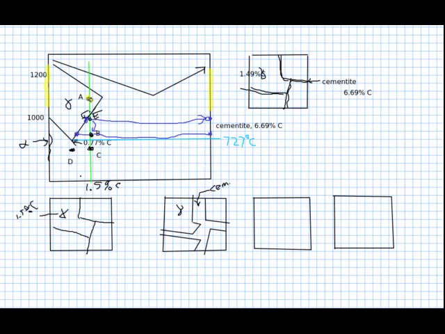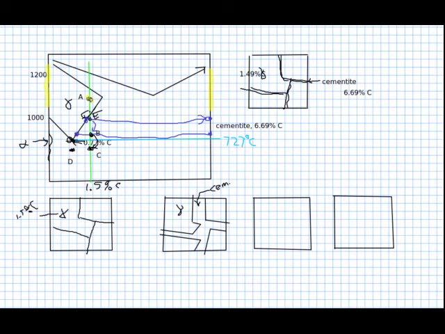Okay, and as we go from B to C, I've now gone below this temperature, this 727 degrees Celsius. And when I go below that temperature, the austenite that we used to have now can no longer exist. Can't exist below 727 degrees.